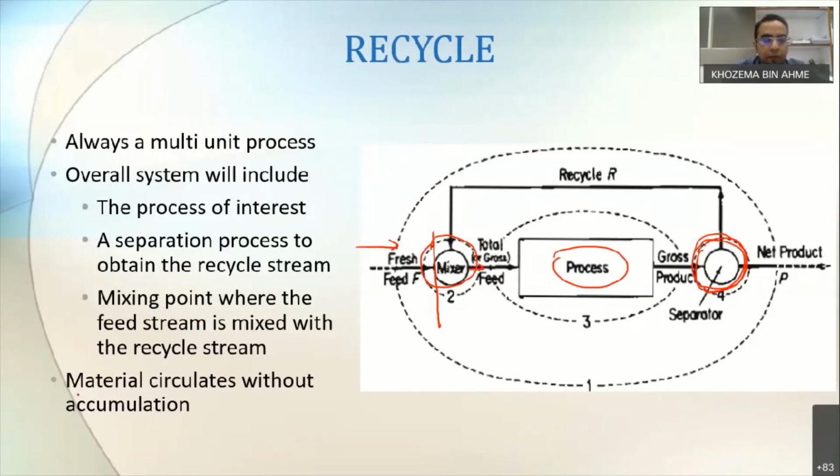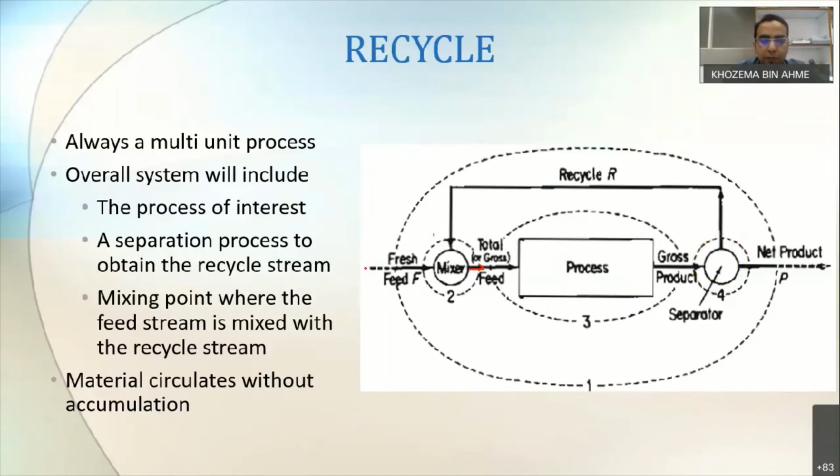And a very important point is that material circulates without any accumulation. Let's say initially, at time equal to 0, when you want to start your process, there will not be any recycle yet.